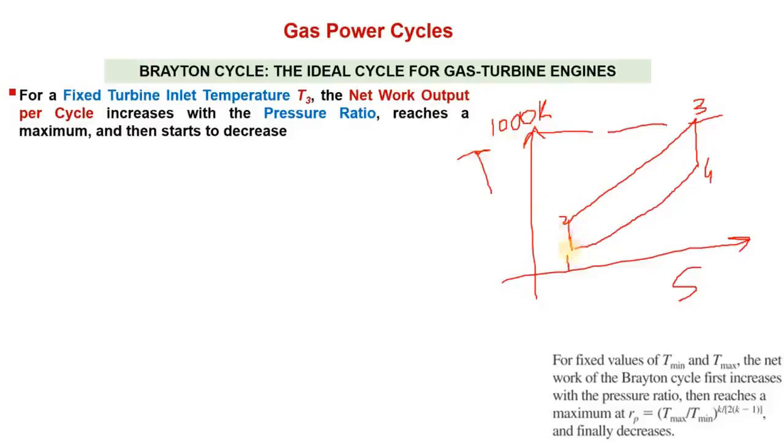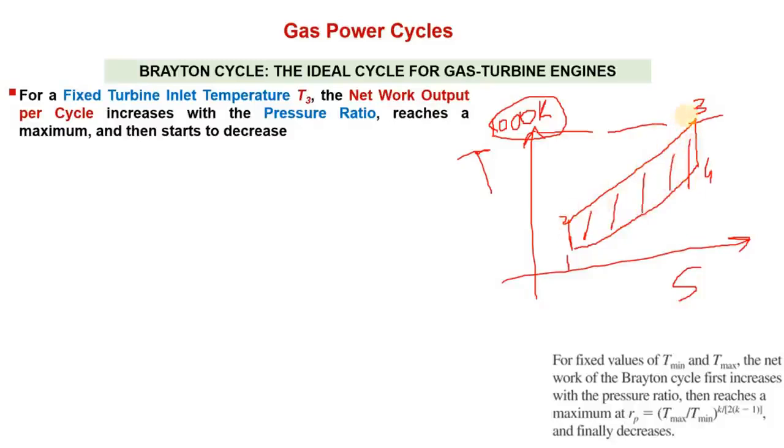So now here we can analyze the effect of pressure ratio. What is this pressure ratio? This is P2 over P1. Now the maximum temperature is fixed, that is 1000 Kelvin. Now we can see what could be the effect of an increase in pressure ratio. So here it is written, for a fixed turbine inlet temperature, the net work output is this area, right?